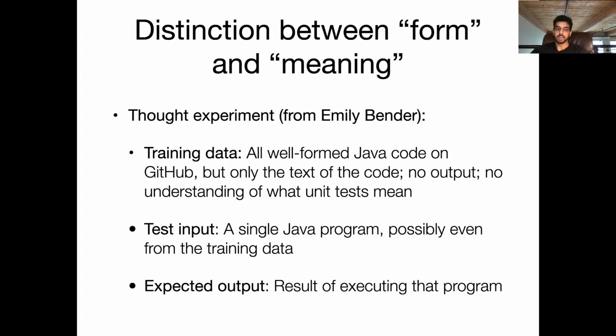And so then you train your model on this, and then you give it as input at test time a program in Java. It could even be one from the training data, and you ask it to produce the output of executing that program on some particular input. So if the model has never seen actual input-output pairs before, could it solve this task, despite the fact that it's seen all of the well-formed Java code that's ever been written?